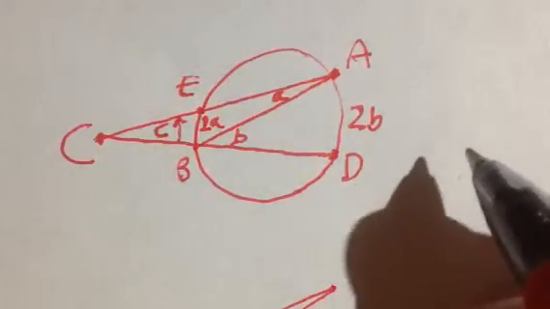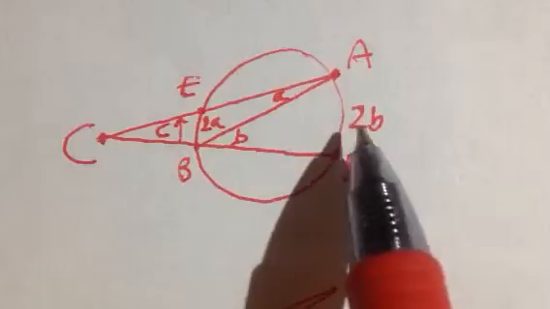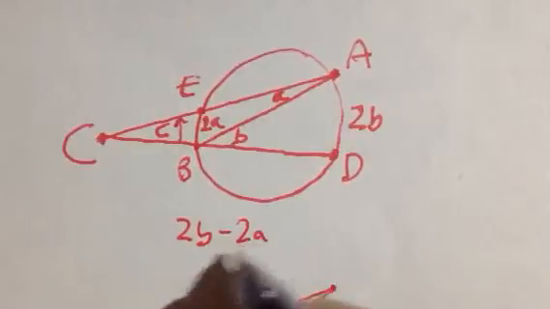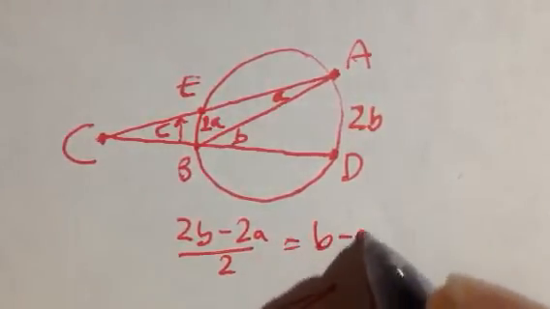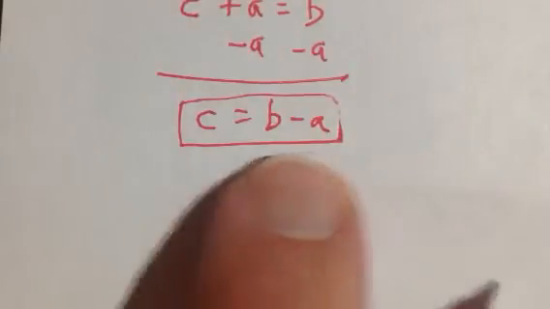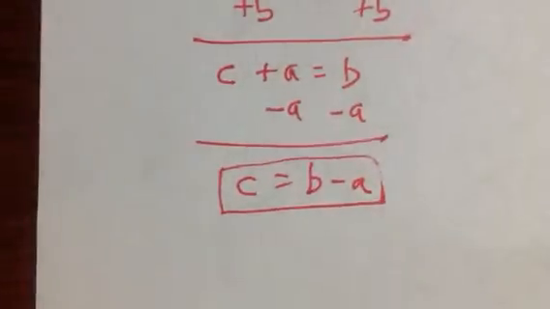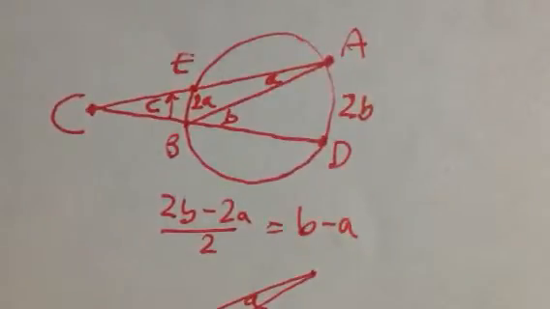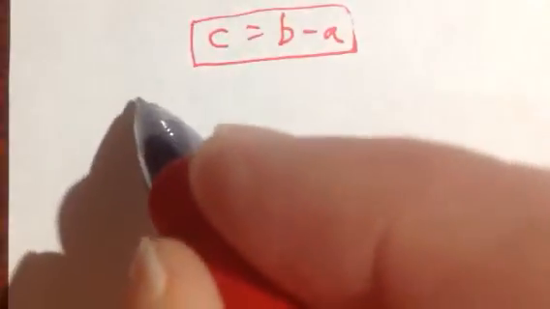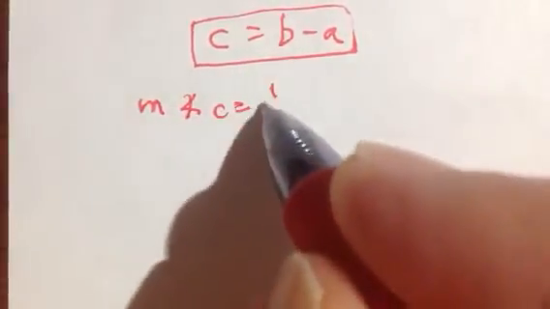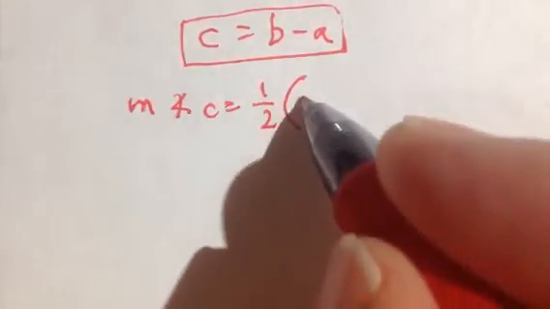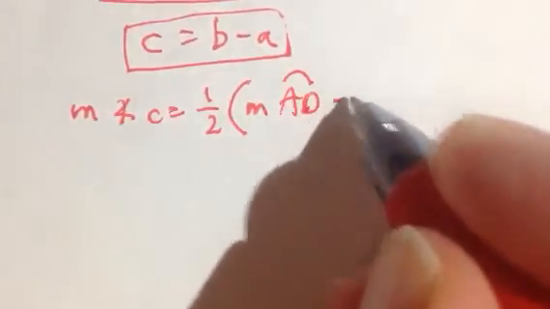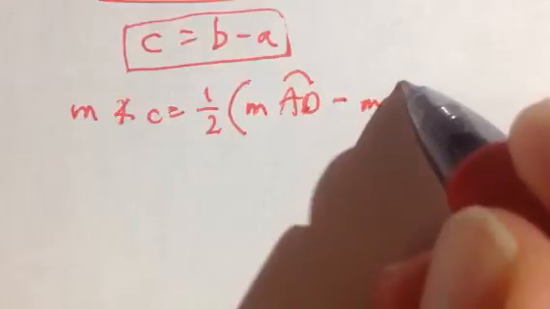So we can say that if we took half of this difference, 2B minus 2A divided by 2, we would come out with B minus A. But B minus A is the measure of angle C. So what we've basically proven is Theorem 1014 for the case of two secants, which would be that the measure of angle C is equal to 1/2 the difference of the measure of arc AD minus the measure of arc EB.